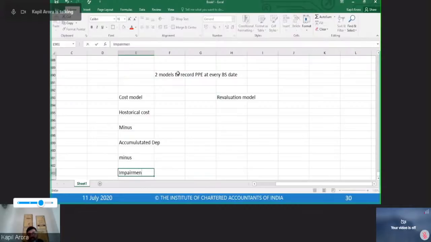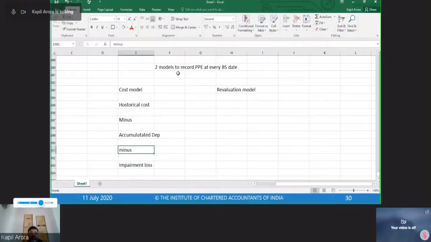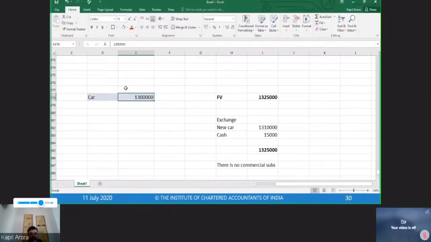Impairment loss is nothing but the loss in the value of the asset. That's something we have not covered, right? So these are the values which we have.